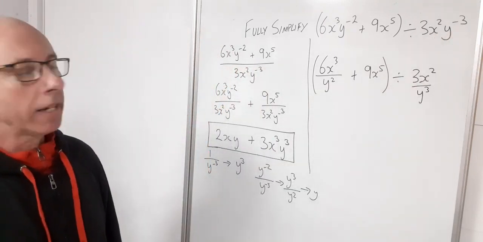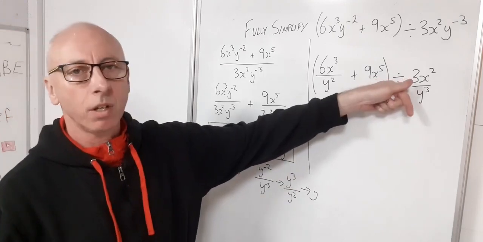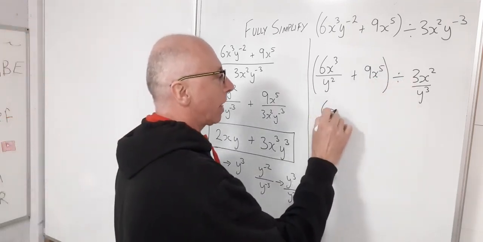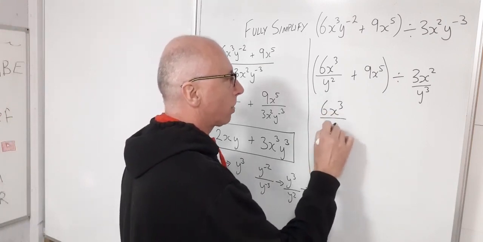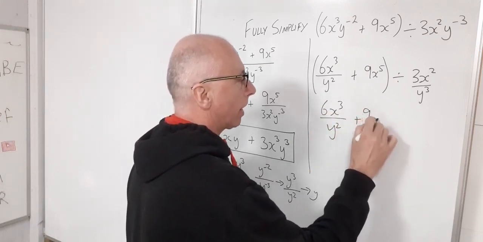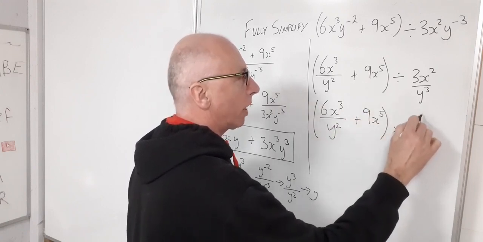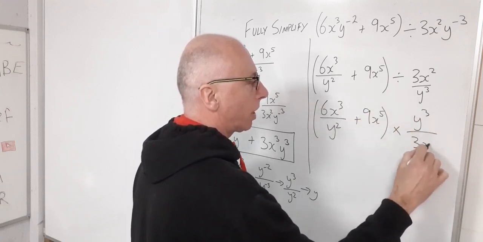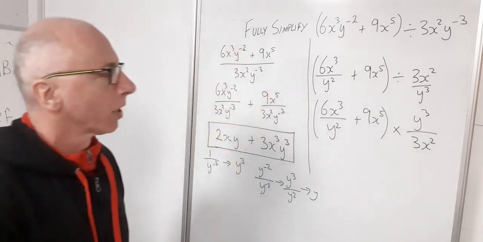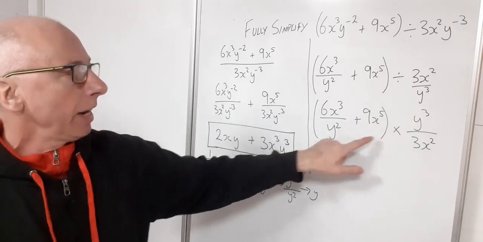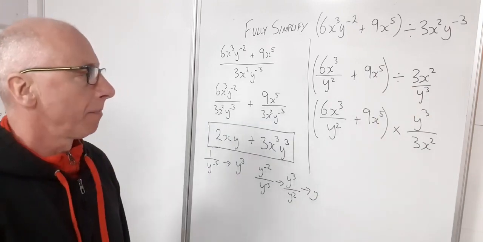Now I can flip this term and do multiplication. So now I would have 6x cubed over y squared plus 9x to the 5, still in brackets, multiplied by y cubed over 3x squared. So basically I'll flip that and change it to a multiply, and the bracket will stay the same.